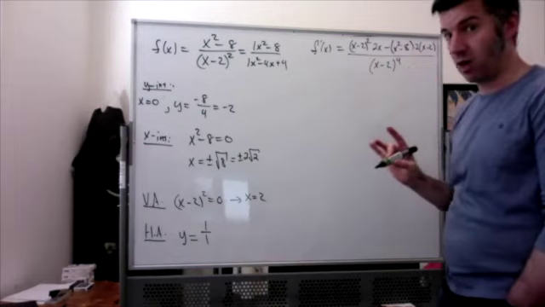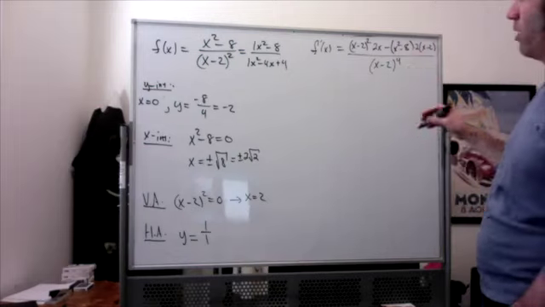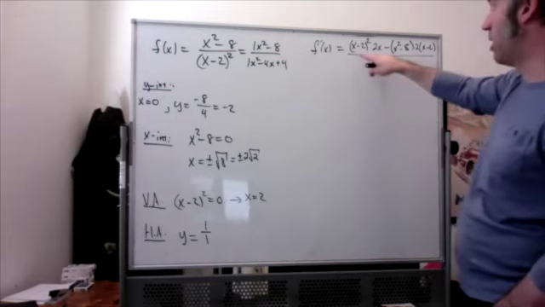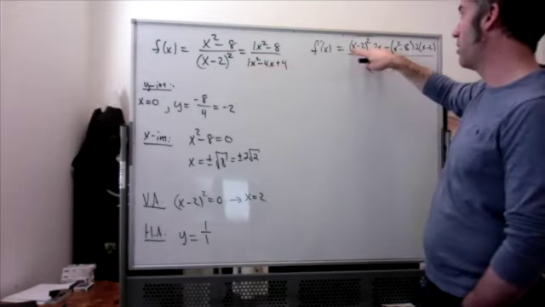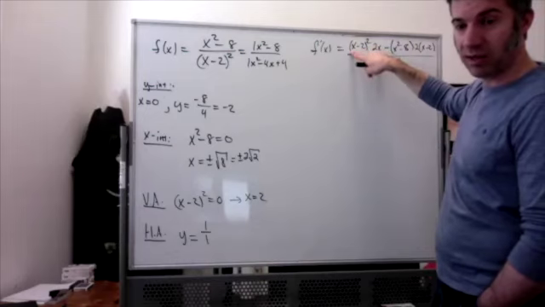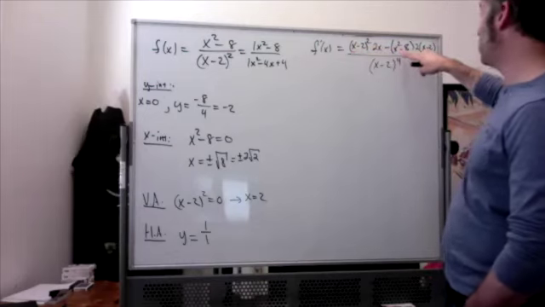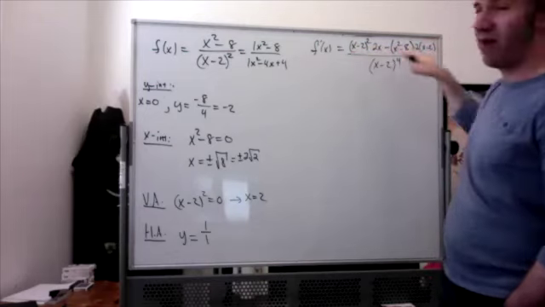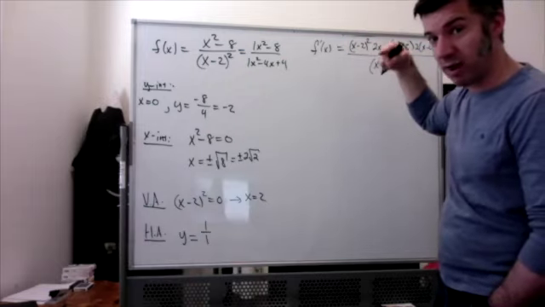What you should notice here is that in the top part we had (x minus 2) squared in the first thing being subtracted, and then 2 times (x minus 2) to the first over here. We have x minus 2's in each part. We can factor some out.